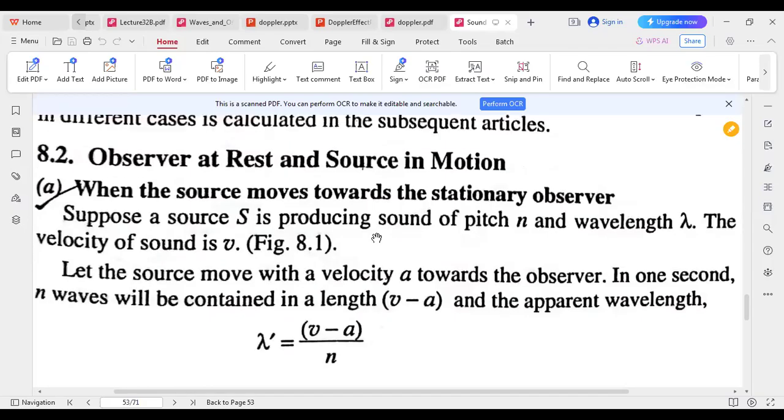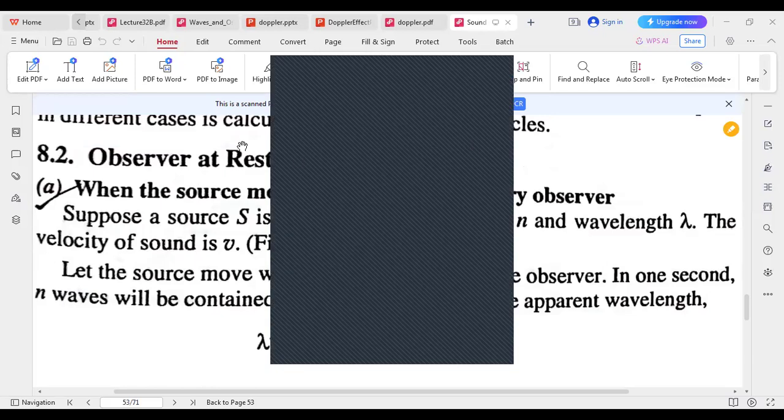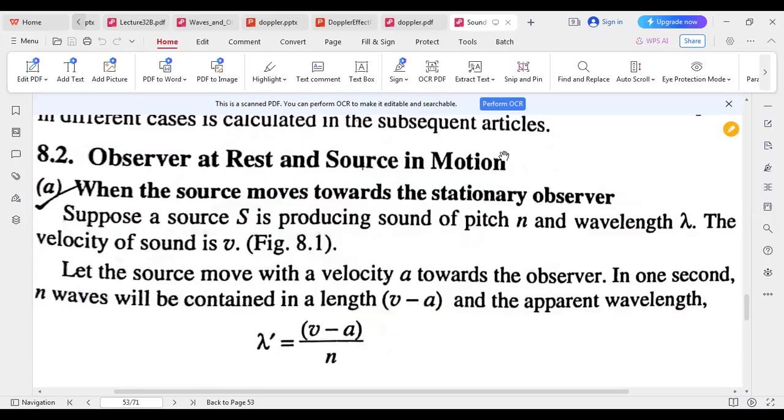Now we'll discuss when the observer is at rest and the source is in motion. When the source moves towards the stationary observer, suppose a source S is producing sound of pitch, that is frequency n, and wavelength lambda, and the velocity of sound is b.